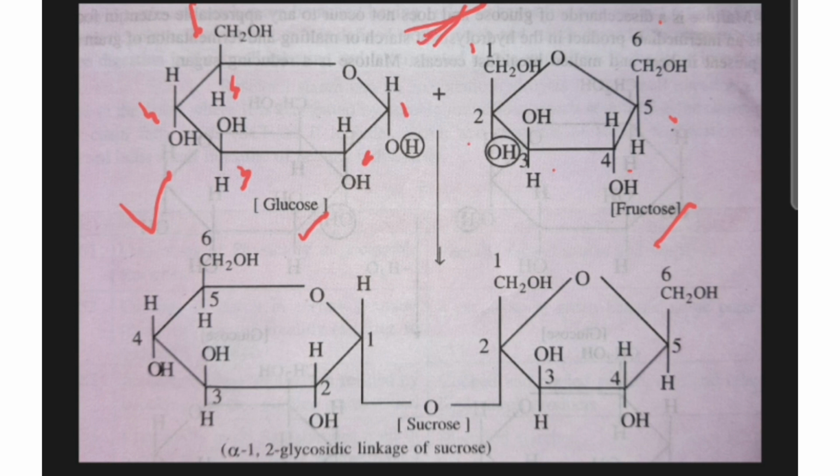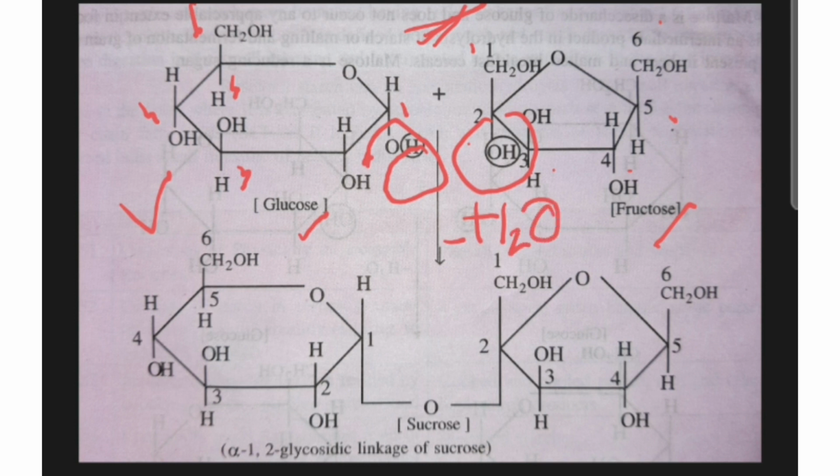So from the first carbon's OH group, the H is taken, and from the OH group of the fructose, the OH is taken, and one elimination of water is done.